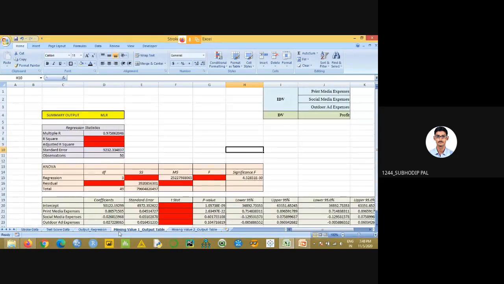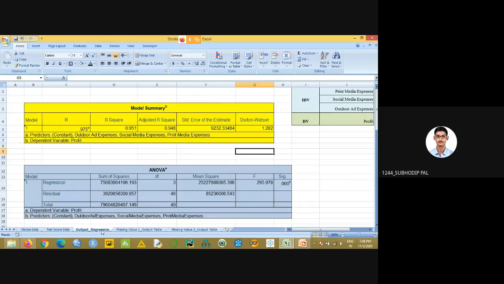This one and this one are the output of the same data set, but it looks different, and we'll be getting more statistical analysis using SPSS. The values will not change, the values will be the same, but the representation will be different.